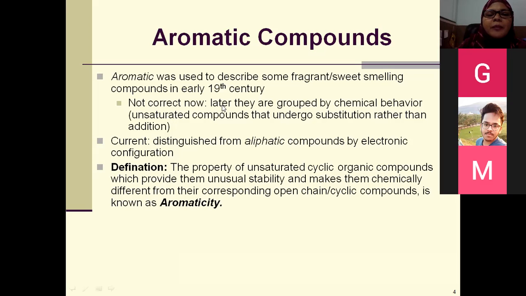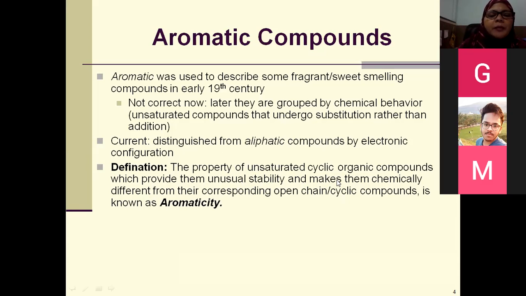So all three sentences are included here. They are unsaturated, cyclic organic compounds, they have unusual stability, meaning high stability, and they are chemically different from aliphatic compounds. Aliphatic means open chain compounds.